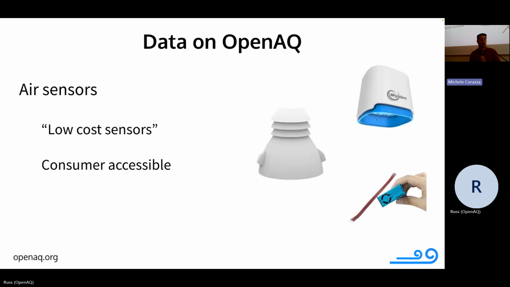More recently, we also started acquiring data from what we call air sensors. They're sometimes called low-cost sensors. These are much more consumer accessible. Right now, we emphasize sensors that have the option for users to open their data and share their data should they wish. The big change in this technology is the device in the bottom right here, which is called an optical particle counter.